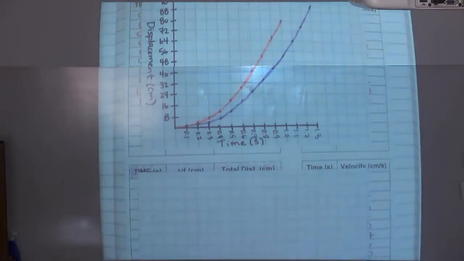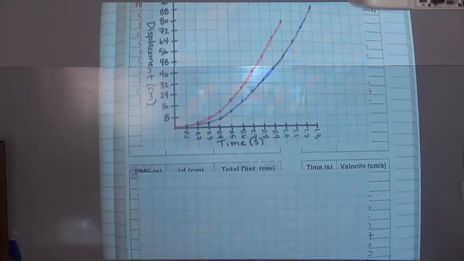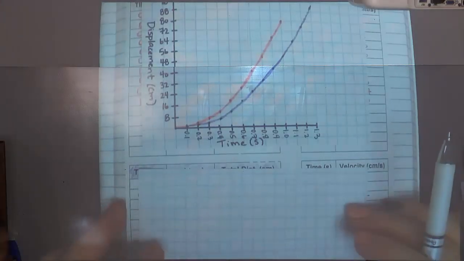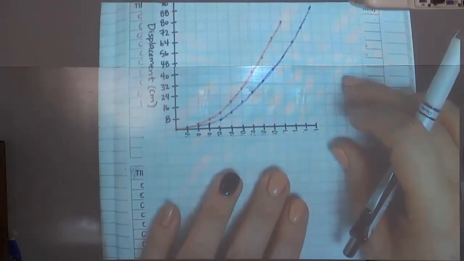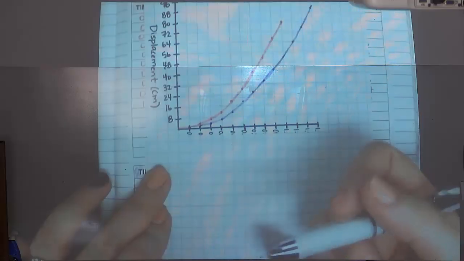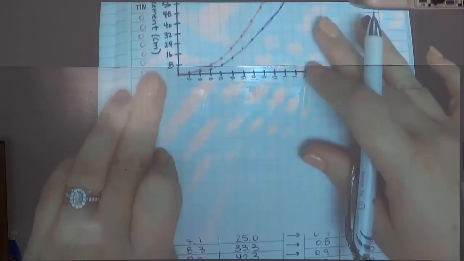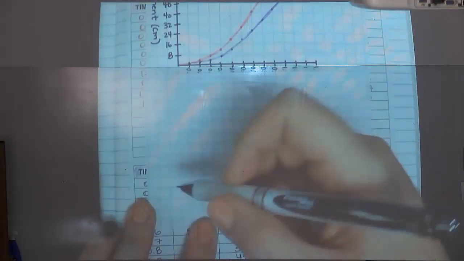We want to make sure that our axes line up pretty closely on the two graphs so that when you compare them, you are looking at it pretty close. So all I'm going to do here is make sure that my new graph has my x-axis in roughly the same position. I'm starting with this edge.